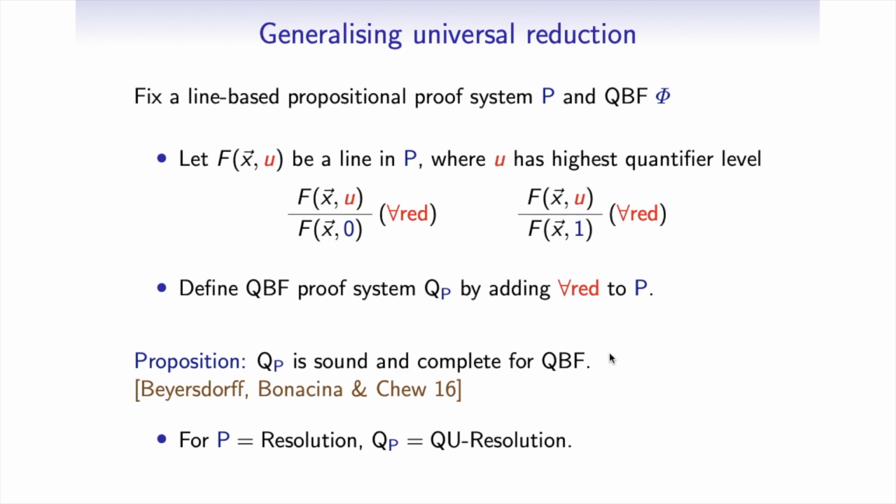So the message is that this universal reduction is giving you a uniform way to turn a propositional proof system P into a QBF proof system QP. That's modulo some very natural conditions on P. So universal reduction is general, and for example, if we take P to be resolution, then QP is just Q resolution, which I showed you on the previous slide.